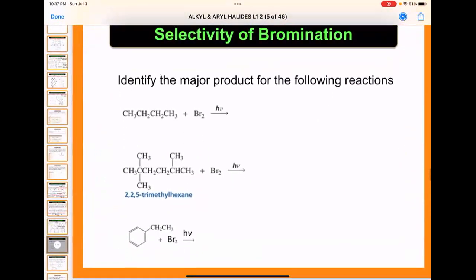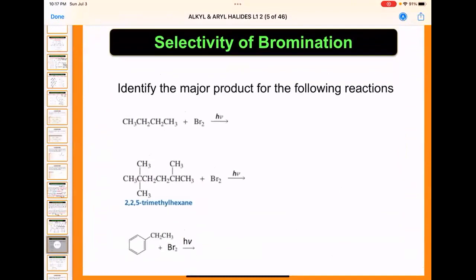Bromine has less energy, so bromine is very selective. Just now we have seen the stability order of radicals and the bond energies of the CH bonds. Allylic and benzylic CH bonds were cleaved very easily.